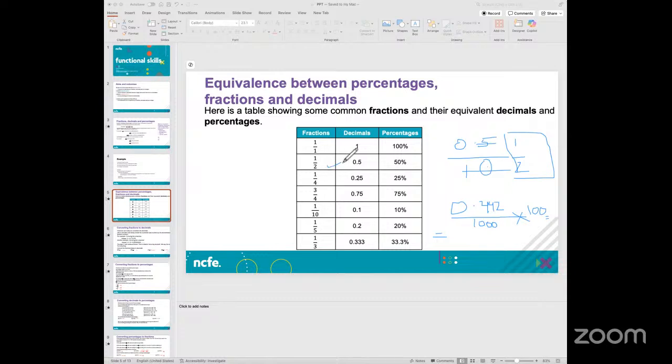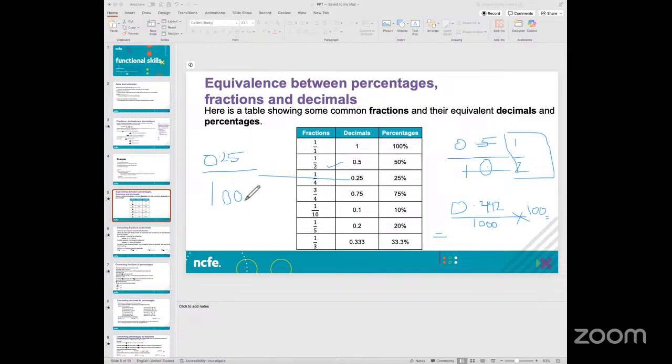So if I had 0.25, what will happen in 0.25? If I have to express this as a fraction, for the dot I'll put 1, and because there are two numbers, I'll put 2 zeros, which now becomes 25 by 100.